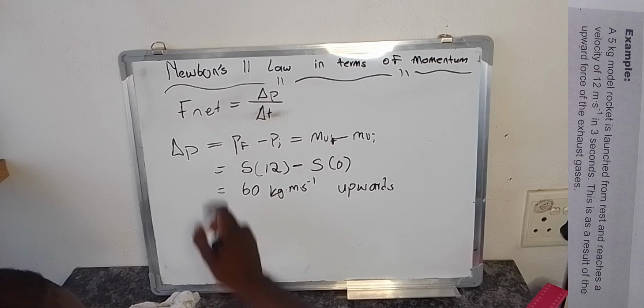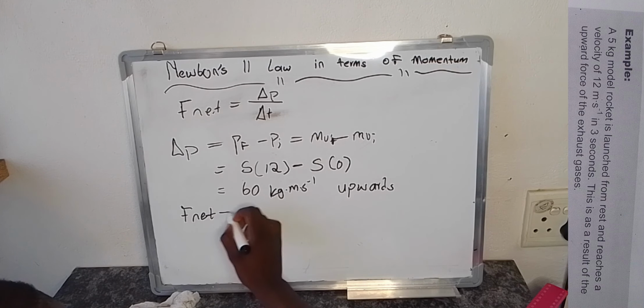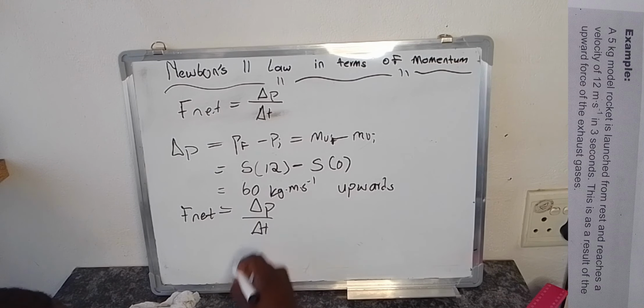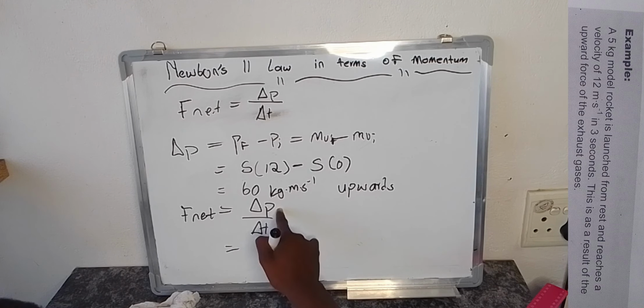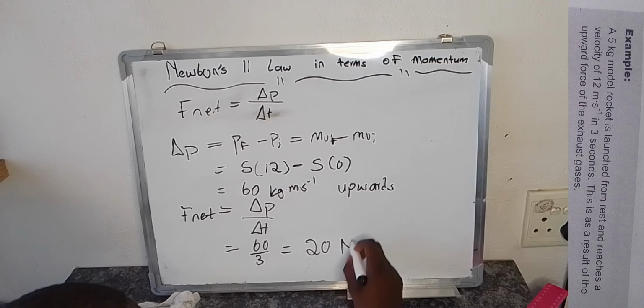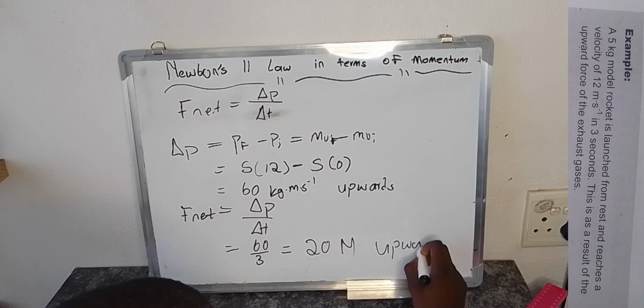Now let's introduce this formula again: F net is equal to change in momentum divided by change in time. The change in momentum is 60, divided by the time, which is 3 seconds. On my calculator I get 20 newtons. So 20 newtons upwards. Why upwards?